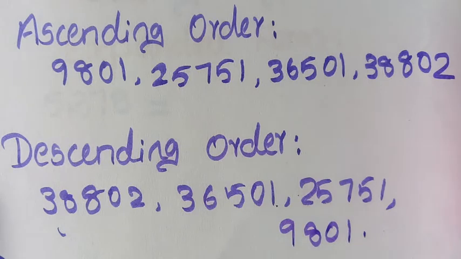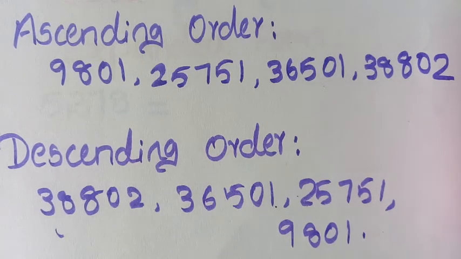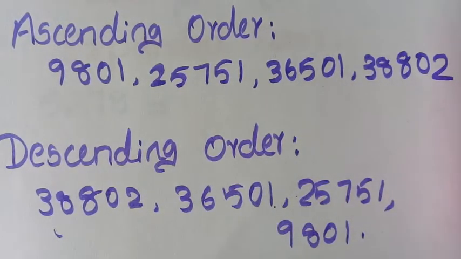So we arranged the given numbers in both ascending and descending order. Children, for your understanding, one more time I would like to say ascending order means arrangement of numbers from small to big. And descending order means arrangement of numbers from big to small. Okay.